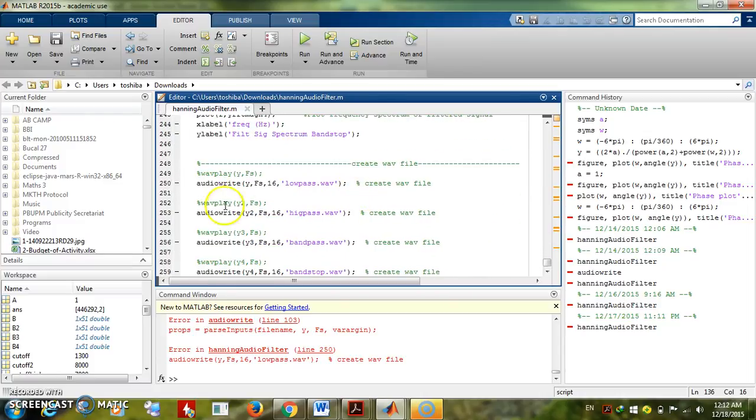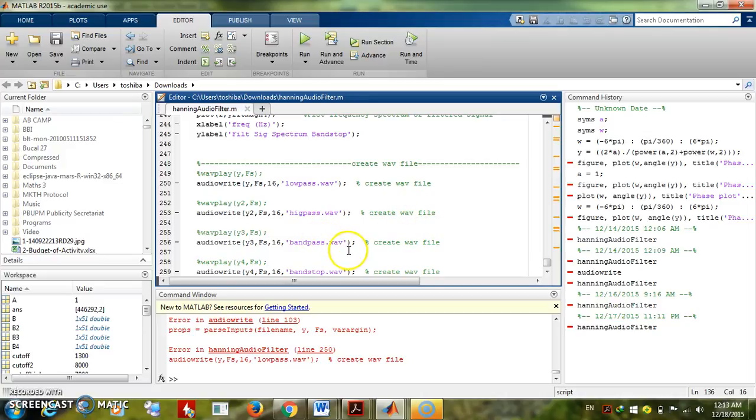From the MATLAB file, at the end we will create four wave files after filtering by the four types of filter. After the low pass filter, the new wave file contains no high frequency, and after the high pass filter, the wave file contains only high frequency.